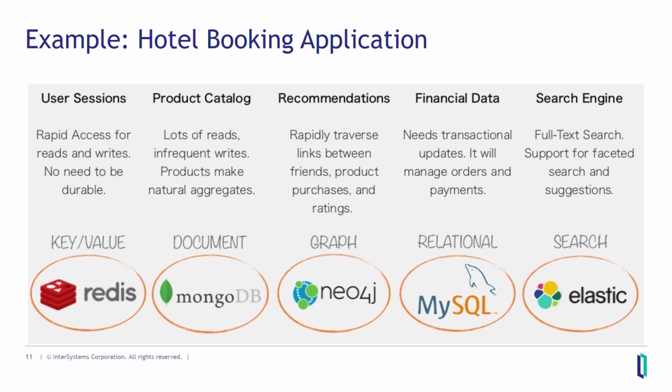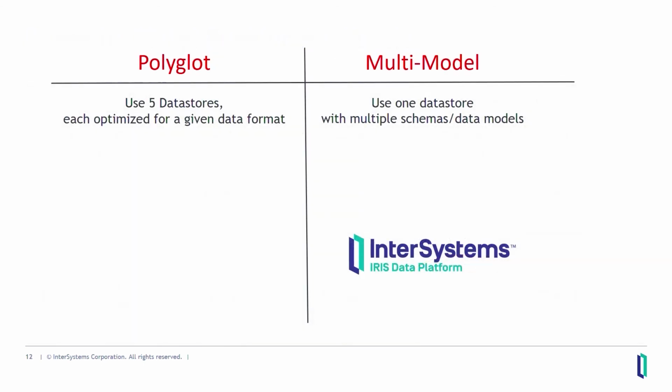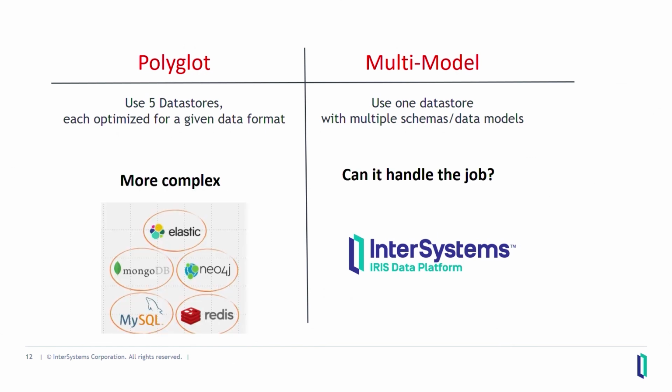The parts within the application lend themselves to different data models, and a classic implementation actually has 5 data stores. So the basic comparison is using polyglot with 5 different things versus using one data store from InterSystems.